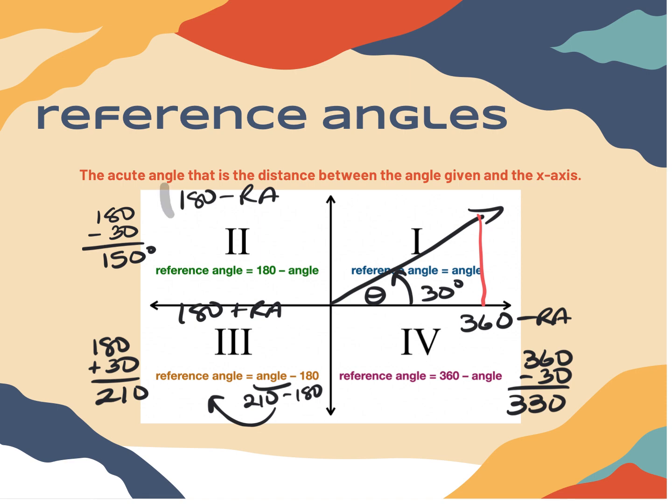I know the green, the orange, and the blue is kind of confusing. So what we're going to do is find the reference angle because we're going to graph an angle, and then we're going to figure out how many degrees it takes to get back to the x-axis, which will become our reference angle. And then to find the angle that's located, say, in quadrant 2, we're going to do 180 minus the reference angle.